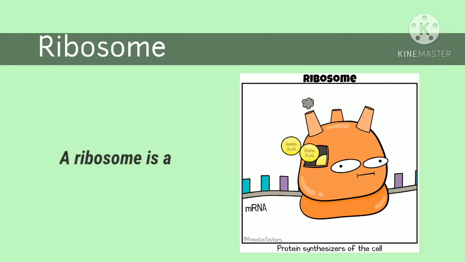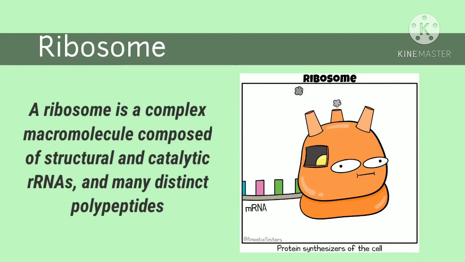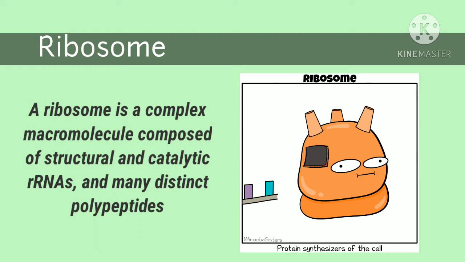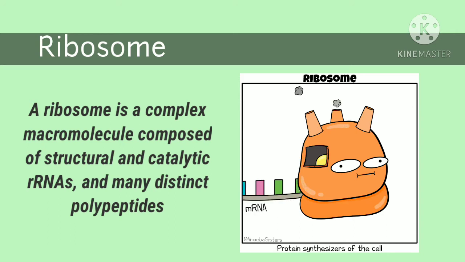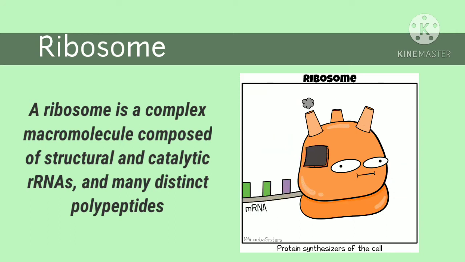Ribosomes. A ribosome is a complex macromolecule composed of structural and catalytic rRNAs and many distinct polypeptides. Ribosomes exist in the cytoplasm in prokaryotes, and in the cytoplasm and endoplasmic reticulum in eukaryotes.